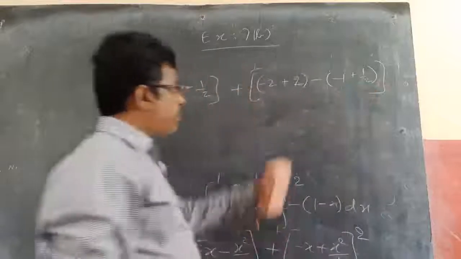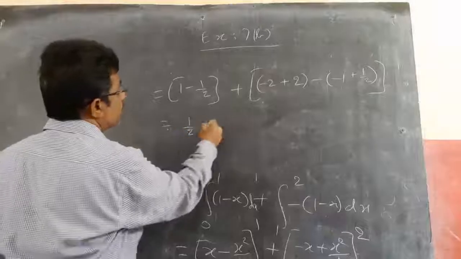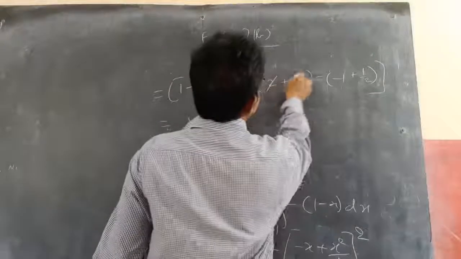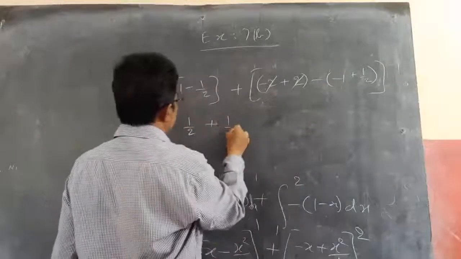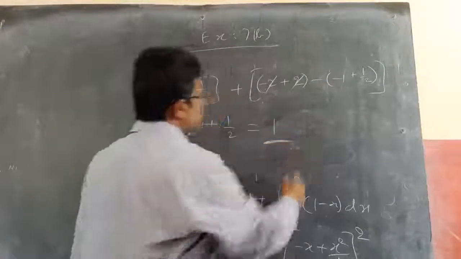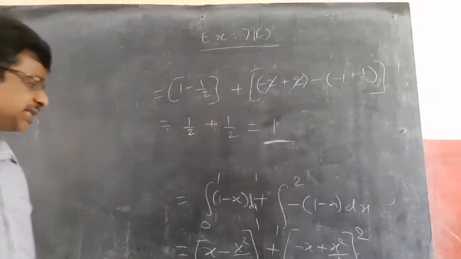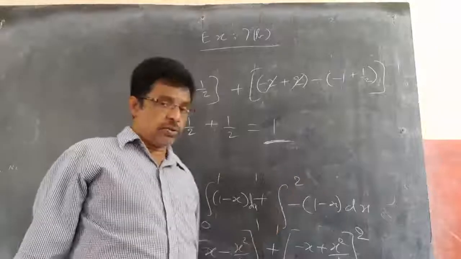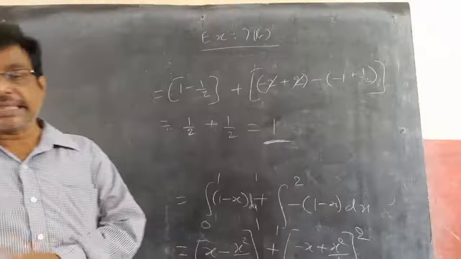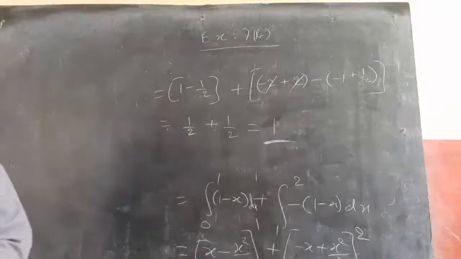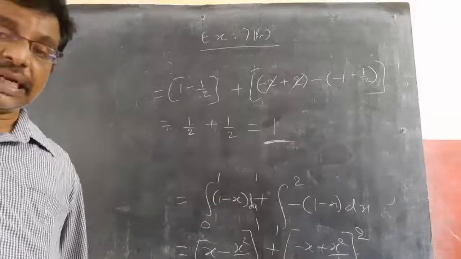So upper limit minus lower limit is 1 minus 1 by 2, that is 1 by 2, plus minus 2 plus 2 cancel, minus 1 by 2 minus of minus plus 1 by 2. 1 by 2 plus 1 by 2 is 1, our final result. The only thing is I am splitting into 0 to 1 and 1 to 2 so that mod x is plus x if x is greater than 0, and minus x if x is less than 0. At 1 you can't differentiate the function. That's why I split into 2 parts.